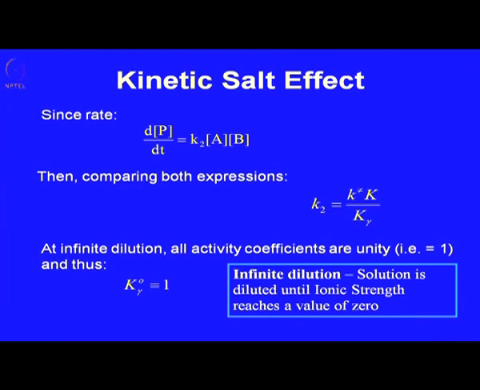Now what is infinite dilution? Infinite dilution is a solution where you are diluting the solution until you reach the state of 0 ionic strength. Practically there are no ions at all. That is, the average electric field experienced by an ion due to other ions, so basically due to other ions means there is no other ion.